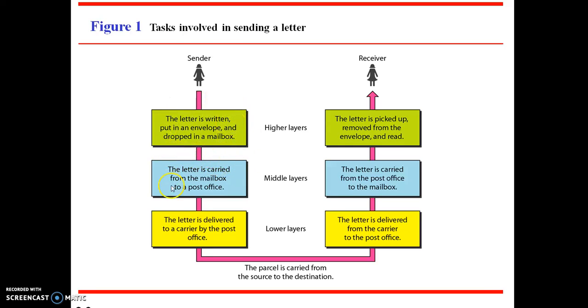Second, the letter is carried from the mailbox to the post office. The letter is delivered to the carrier by the post office. Now the parcel is carried from the source to the destination. The letter is delivered from the carrier to the post office. The letter is carried from the post office to the mailbox. The letter is picked up, removed from the envelope and read by the receiver.